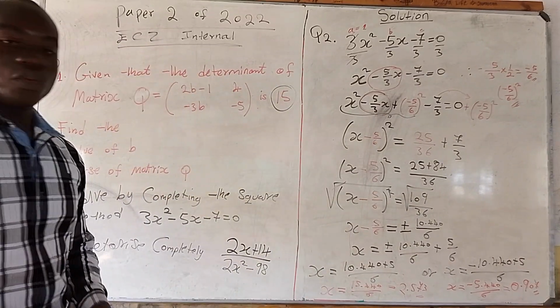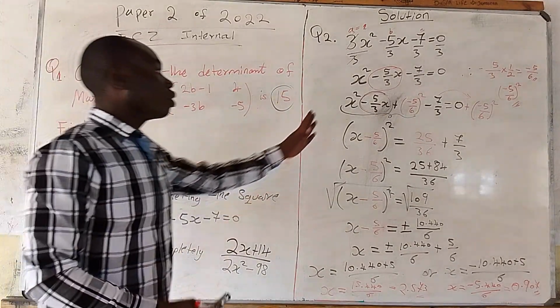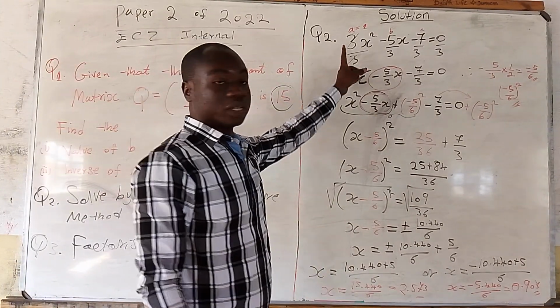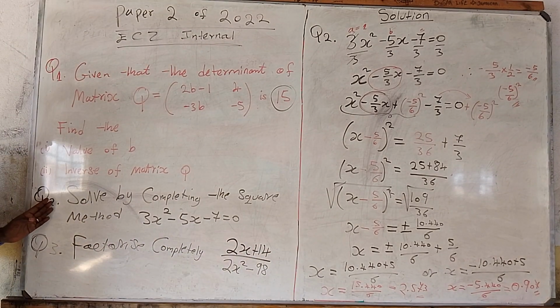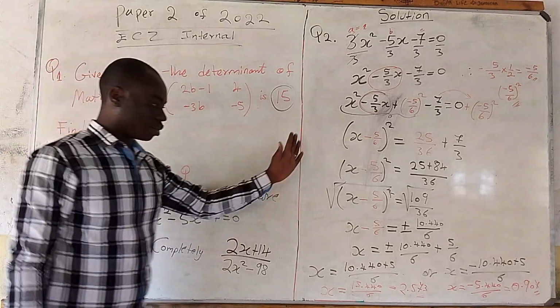Alright, so this is how we solve the quadratic equation, which is our option 2 from here, by the completing the square method.